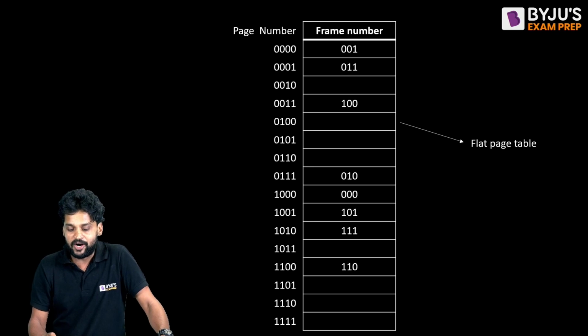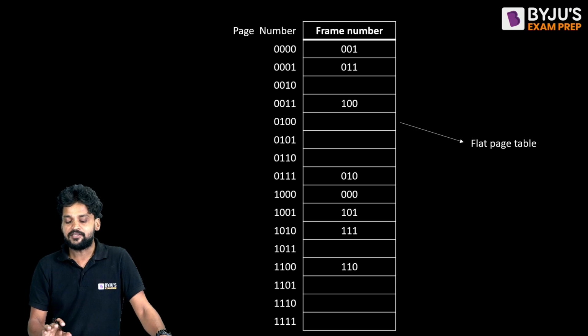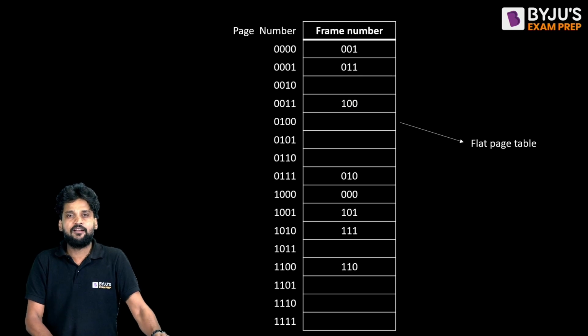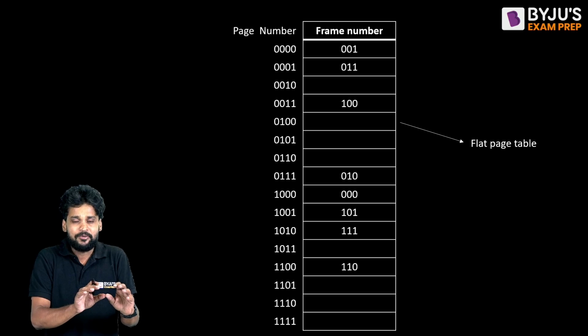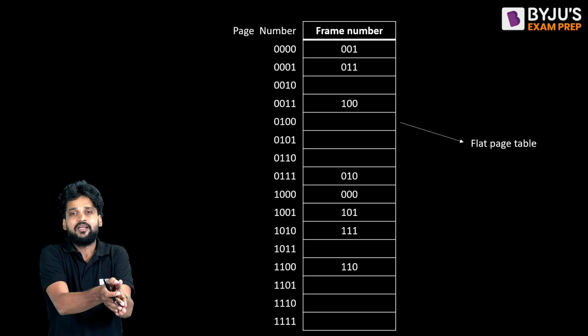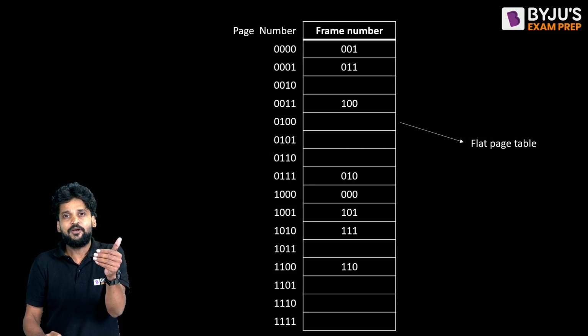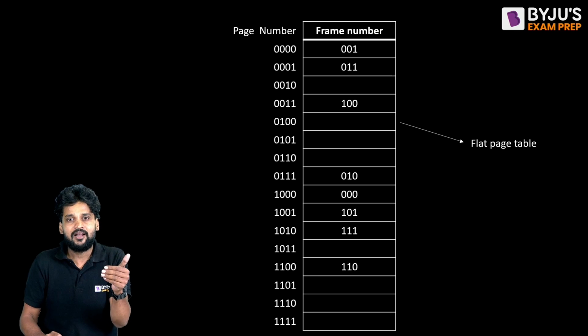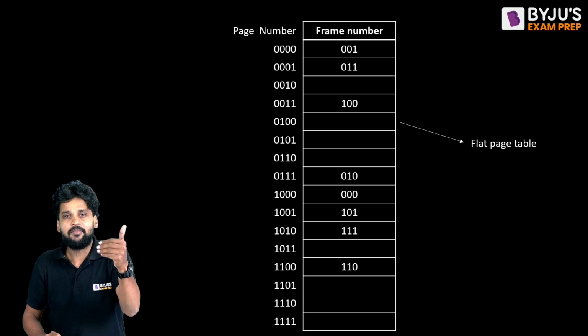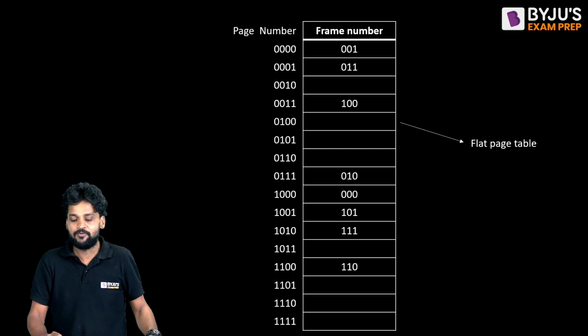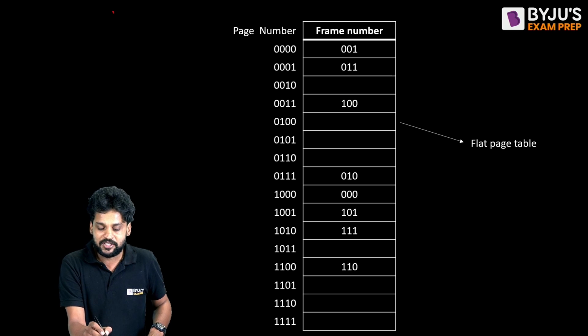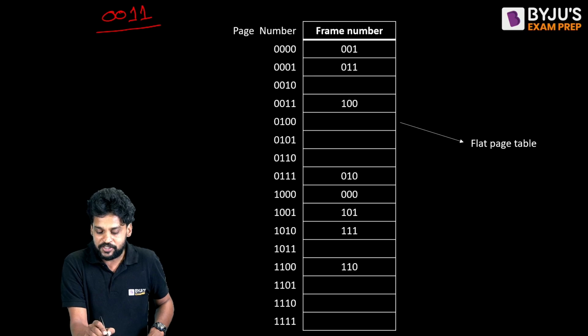Now understand, this is the page table. Every time the CPU comes to the main memory, it needs to find out which block is available, rather which page is available in which block. For instance, the CPU wants to search for page 0011, that is, the third page of the secondary memory.